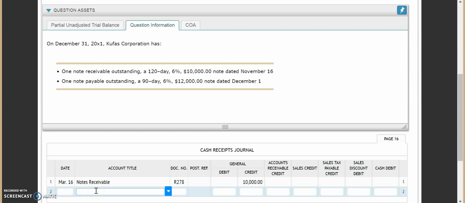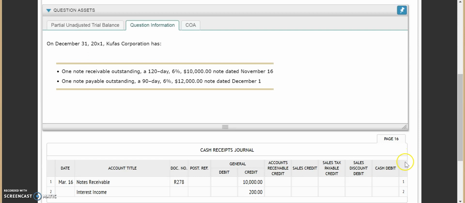And then we come down here, we also need to have our interest income. In order to figure our interest income, we need to go back up to our question information and we take that 10,000 principal value times 6% times 120 divided by 360. When you do that, you should have a credit of $200.